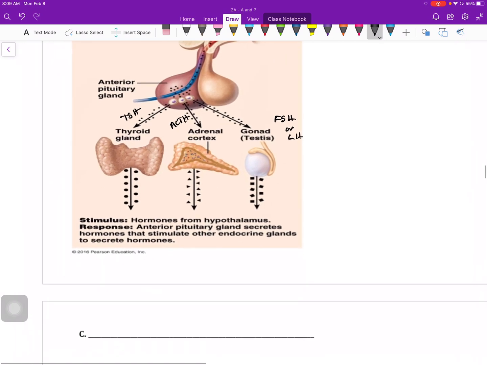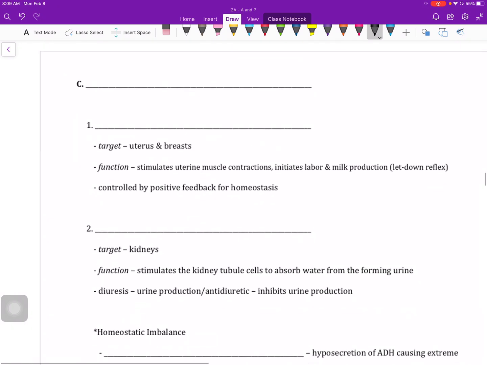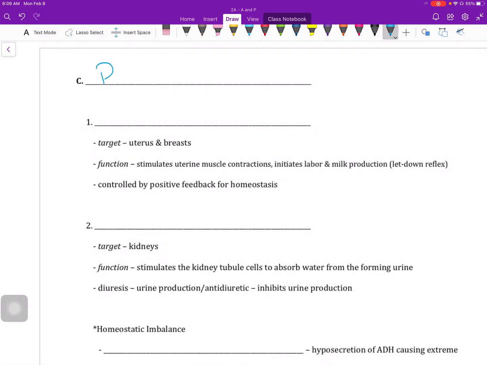All right, so let's move on to the posterior pituitary gland. All right, remember, the posterior pituitary gland stores and releases. It does not produce its own hormones. It is only a storehouse, okay? So the first hormone is called oxytocin.